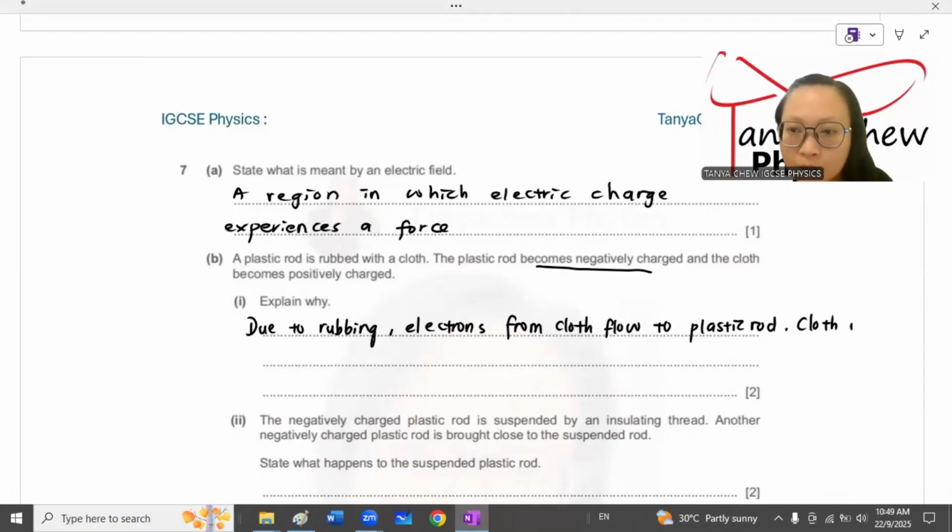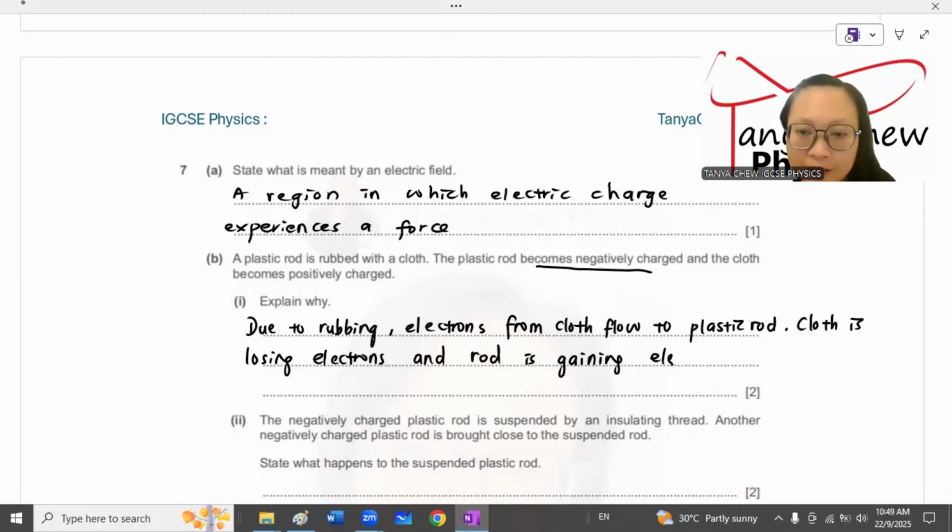The cloth is losing electrons and the rod is gaining electrons. That is why the rod now has more electrons. It becomes negatively charged. And the cloth is losing electrons. It has a lack of electrons. That is why it becomes positively charged.